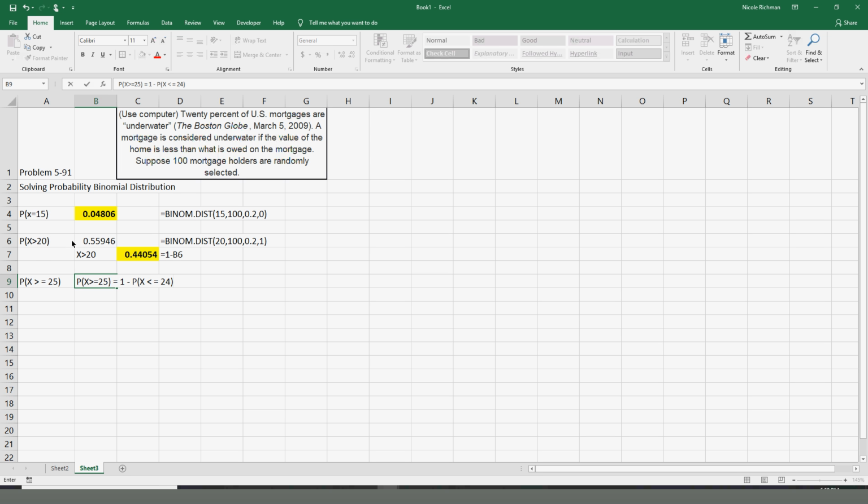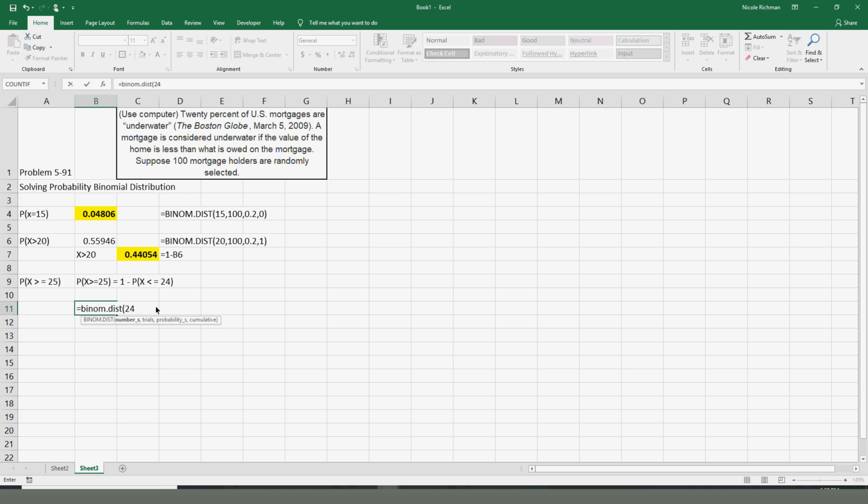Up here, we were just doing greater than 20. But now we need greater than or equal to 25, which means it basically has to be the opposite of less than or equal to 24. So we want to include that 25. So we still use the binomial distribution function.